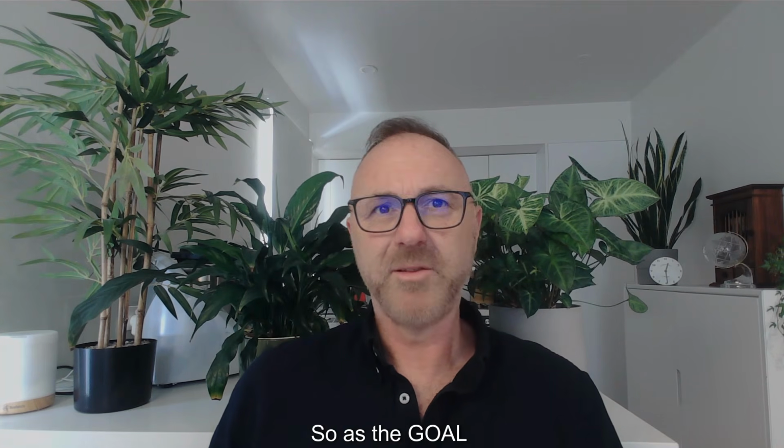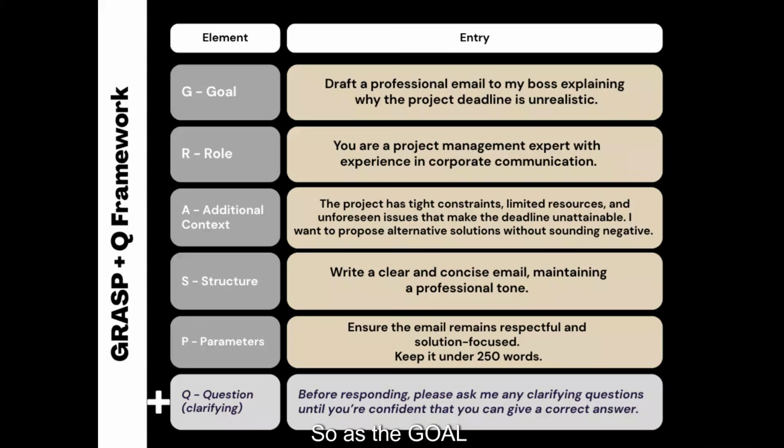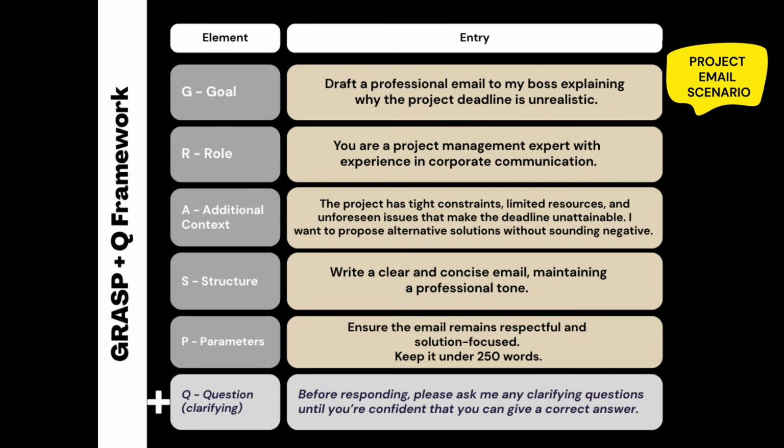Okay, so as the goal, I've put draft a professional email to my boss explaining why the project deadline is unrealistic. The role I've put is you are a project management expert with experience in corporate communication. For the additional context, I've put the project has tight constraints, limited resources, and unforeseen issues that make the deadline unattainable.